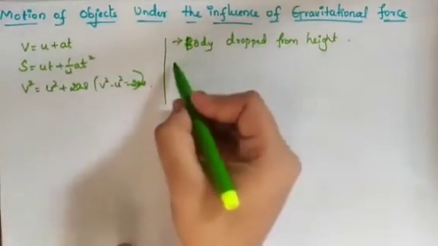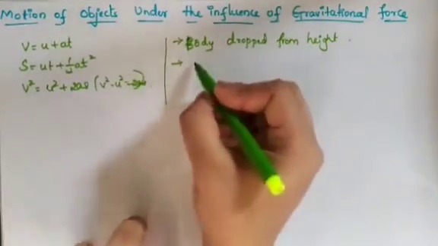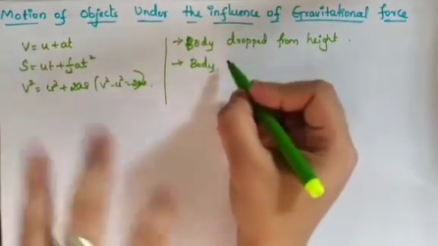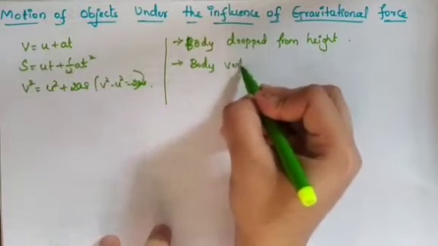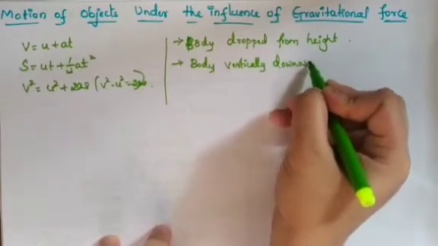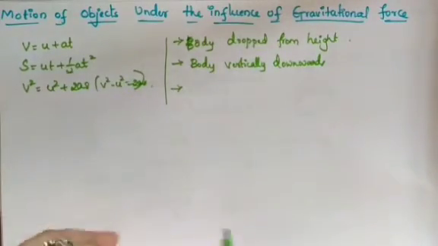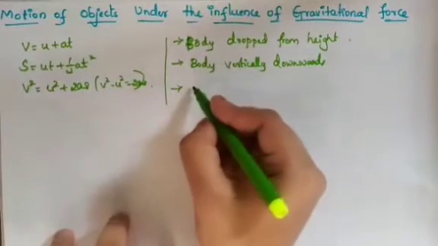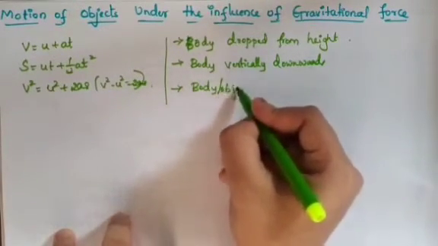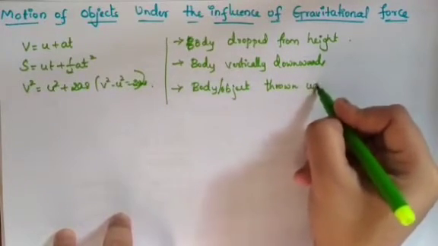The second object is a body dropped vertically downwards with some velocity. That is the second case. The third condition is a body or object which is thrown in the upward direction.